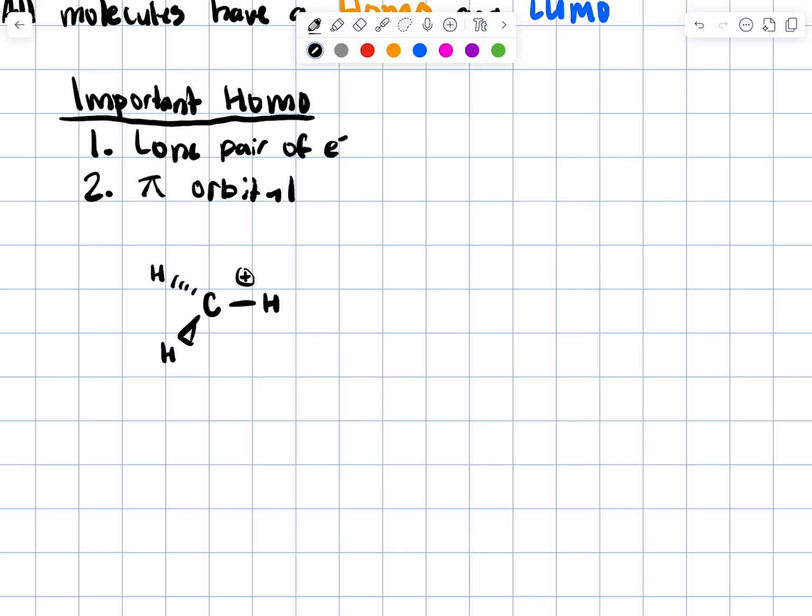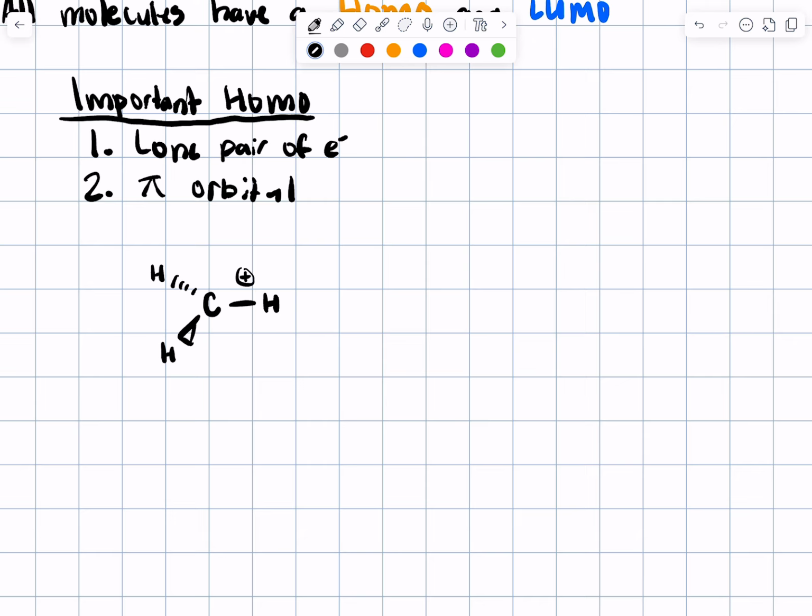Of course, you could try to find some exception to that, and I know they exist, but they're not common enough to where we're going to need to quantify those, especially for the next few chapters. So for right now, that's all you need to look for a HOMO or for a LUMO: a lone pair of electrons or a pi orbital, again, in that order.